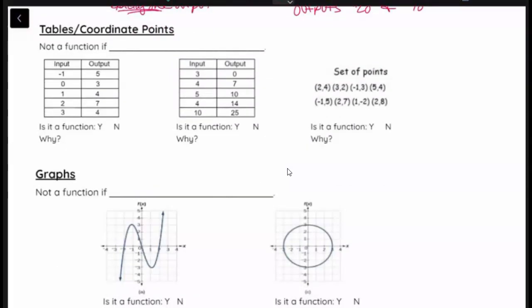So in this case, we still have the same definition. Every x value has to have exactly one y value, except this time you can generally tell if it's not a function if there are repeating x values.